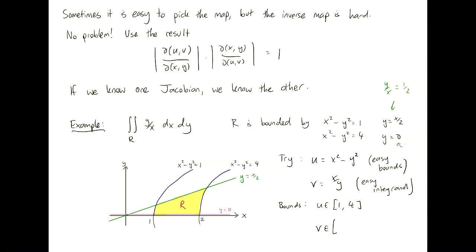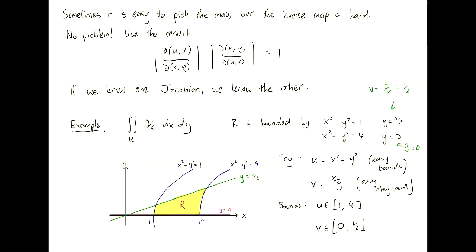And this is obviously y over x is equal to 0. We don't have to worry too much about x equals 0 because we never get to it. So our v range is from 0 to a half. So this is v is equal to a half, and this is v is equal to 0.